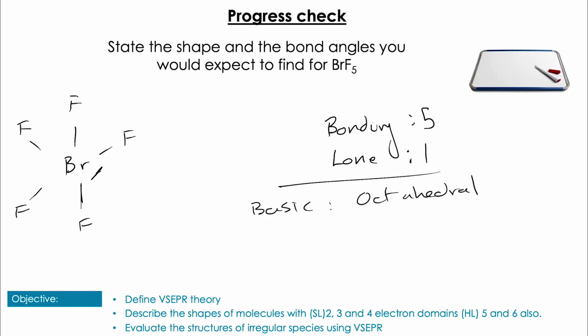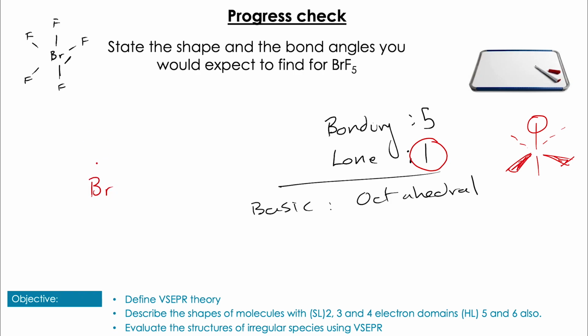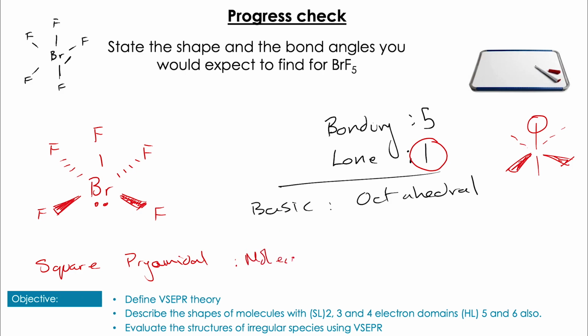This gives us a basic geometry of octahedral, but of course with that 1 lone pair, we're going to have a molecular geometry where one of those electron domains is replaced by a lone pair, and that is going to give us a square-based pyramid structure, of which the angles will be slightly reduced from the regular 90 degrees by the extra repulsion given from the lone pair, which we would expect to be about 88 degrees.